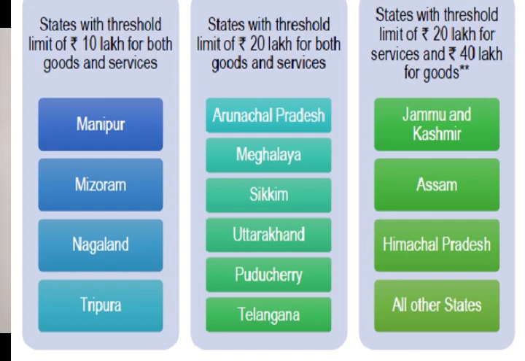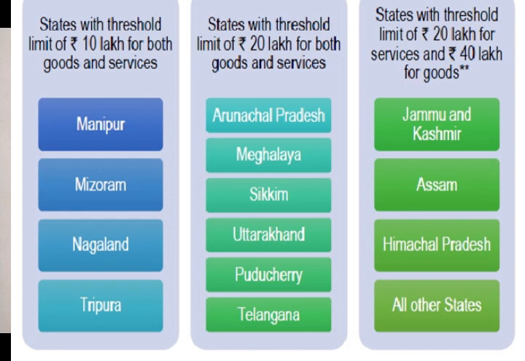Otherwise the first category, that is with 10 lakhs, is easy to remember. Like I said, it is NT: Manipur, Mizoram, Nagaland and Tripura. And with 20 lakhs, whatever the situation, it is Arunachal Pradesh, Meghalaya, Sikkim, Uttarakhand, Puducherry and Telangana.